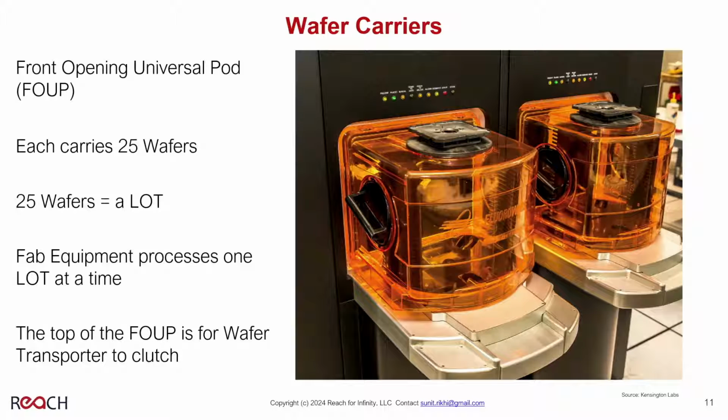Sometimes, for experimental purposes, you can have a lot that is not 25. Lots of slots are empty, and you just use 3 or 4 of them to run the experiment quickly. But we are talking about high volume manufacturing production. When production happens, there's no question about it. It's 25 wafers per processing of the tool.